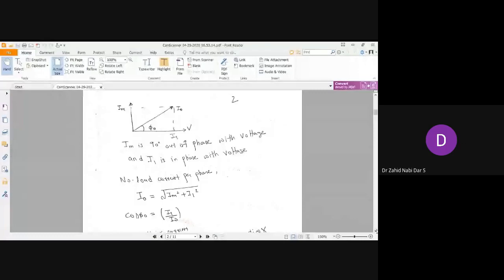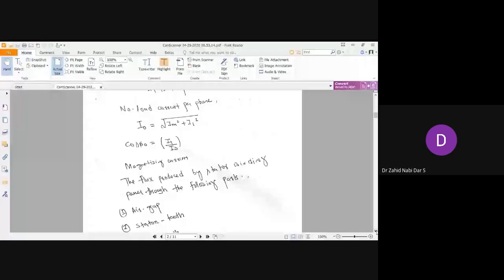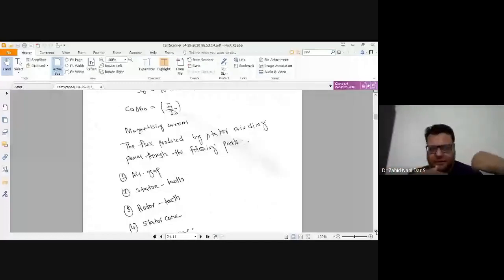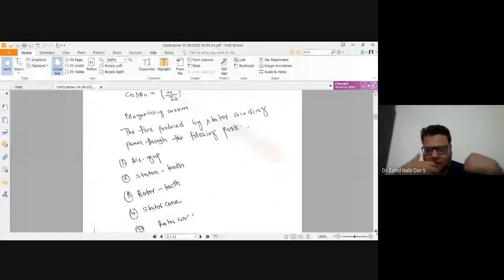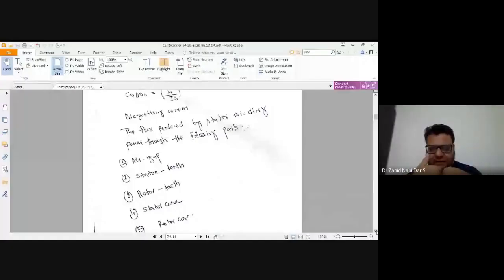This magnetizing current would depend upon your air gap and stator teeth. Basically what happens is that you give supply to the stator winding, and those windings are connected with the core. So once you give supply to the stator winding in the stator core, a flux gets established.